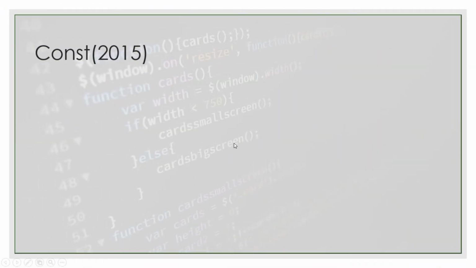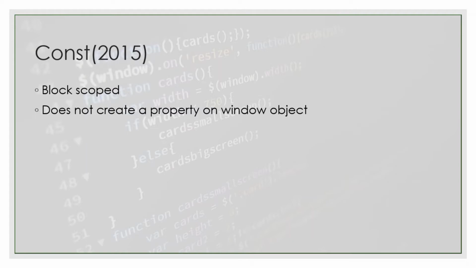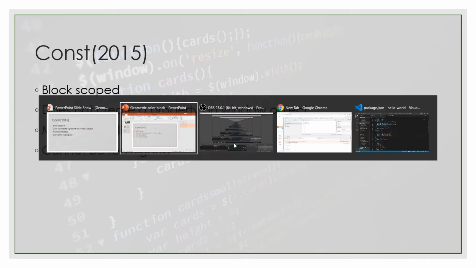Let's see what the behavior of const is. Const has some similarity with let, like it is block scoped, and const also does not create a property on the window object, but it must be initialized and it cannot be reassigned. That means we cannot assign another value to the const variable.